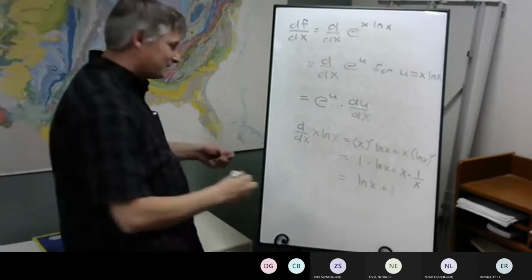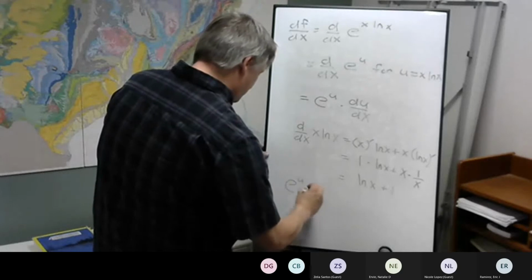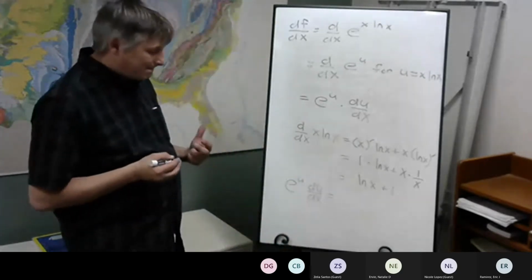So now we go back to this. e to the u times du/dx. Well, now we know what we've got.